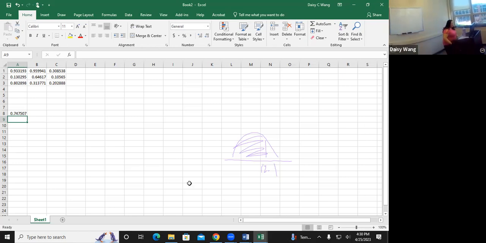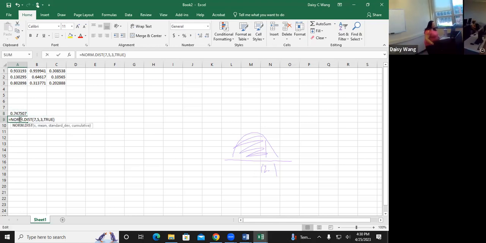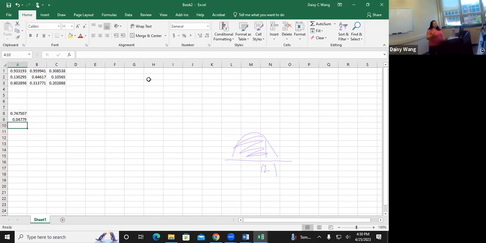So for the formula, X will be 0. So we just need to change this to 0. The average is still 5 pounds per every 2 weeks. 3 pounds is the standard deviation, and then true. So the people that would gain weight is a 5% chance. Okay.